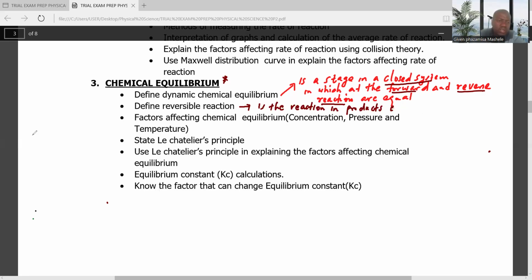A reaction in which the products are converted back to the reactants.